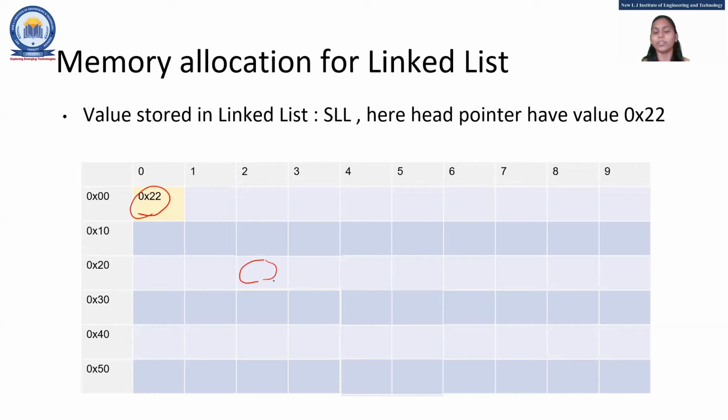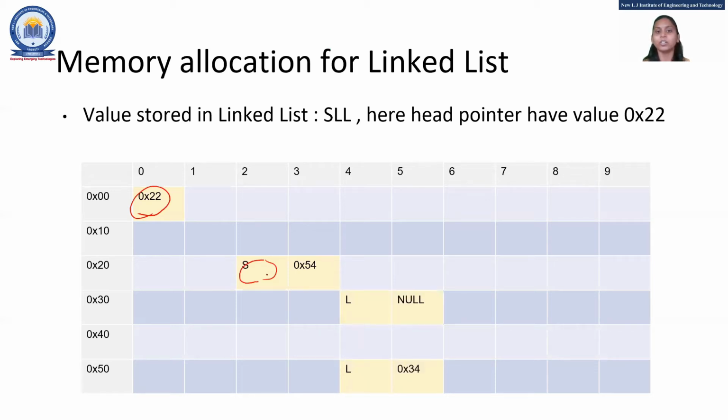So here I can find my first node. If I come here, I get the value S, and the link says the second node is at location 54. So where is my 54th location? There you can find your second node.